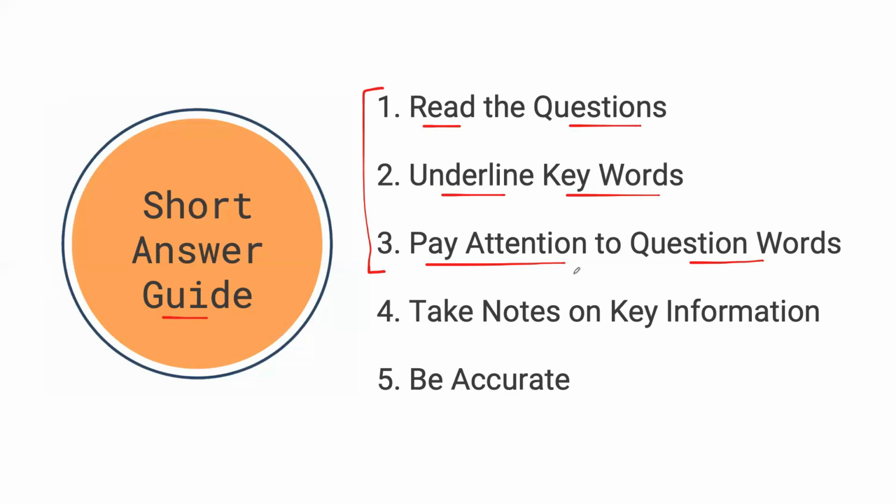If you have time, you can even write out the type of word you'll need to listen out for beside the question. So if you think you'll have to listen out for a noun, you could quickly write N by the number just to make sure that you are listening for the correct word. This is not obligatory, but it's just something you could do if you have extra time.